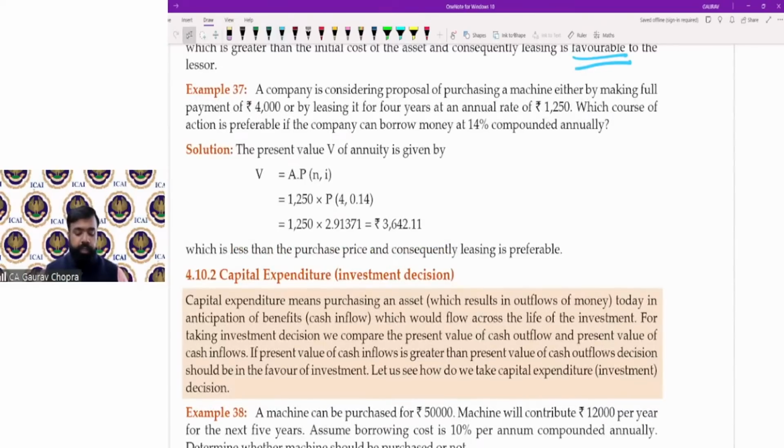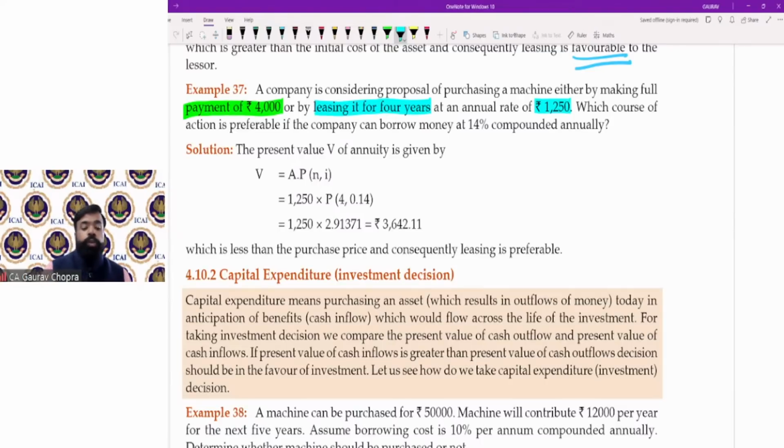Now 37, let's read the question, what it's saying. A company is considering a proposal of purchasing a machine either by making full payment of rupees 4,00,000, or to lease the machine for 4 years at a rent of rupees 1250 for 1 year.